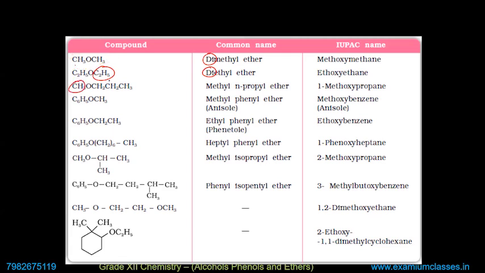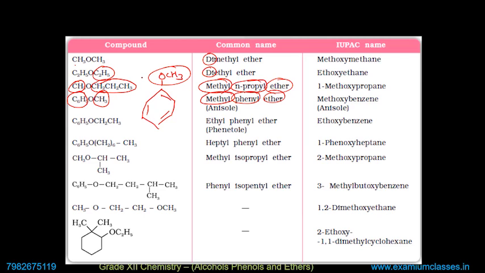So it is methyl and n-propyl. You need to write both, in alphabetical order, and then ether. Here you have phenyl, and this one is methyl, again in alphabetical order: methyl phenyl ether. This is also called anisole, because this is OCH3.